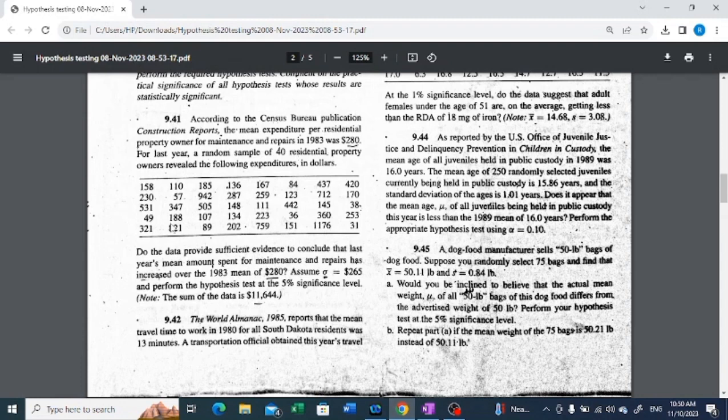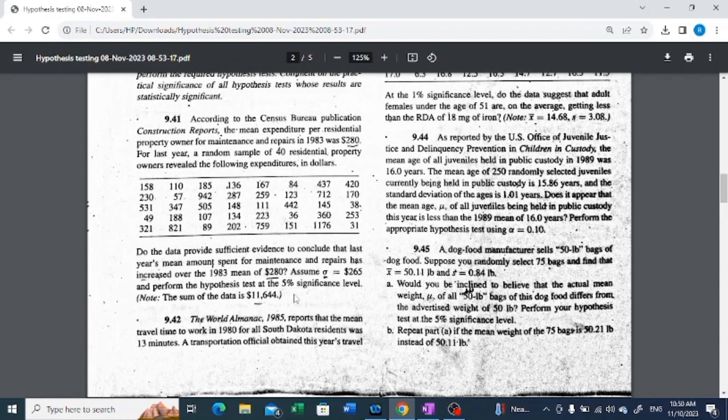Part of this we have already discussed. We can recall in the connected previous lecture's video that we have stated H naught, H1, and we have decided about the nature of the test in the previous exercise for the same question.